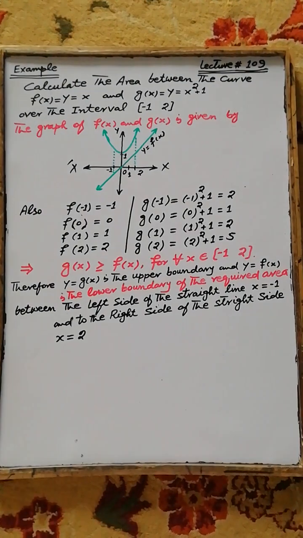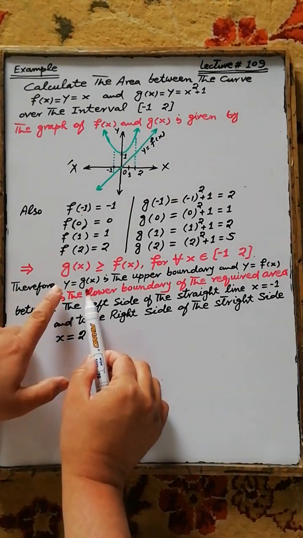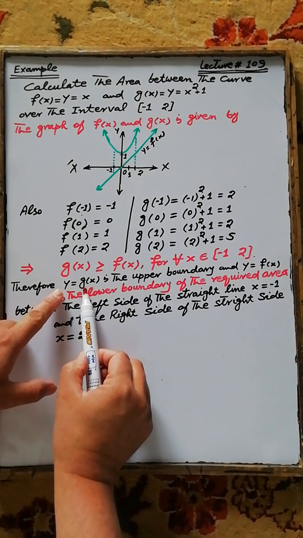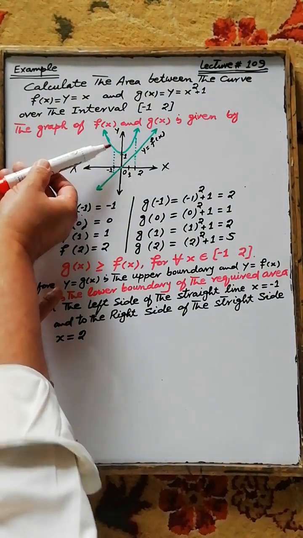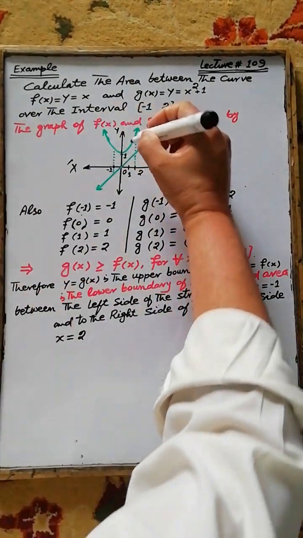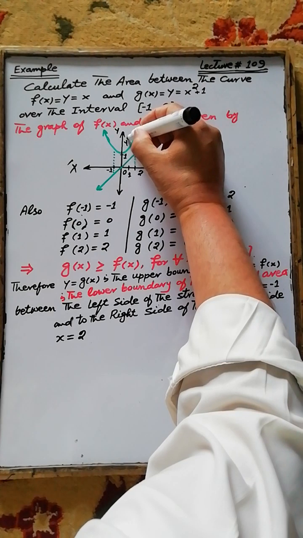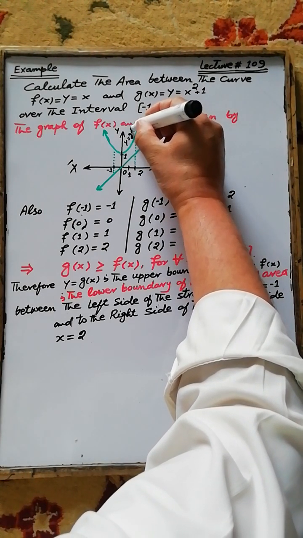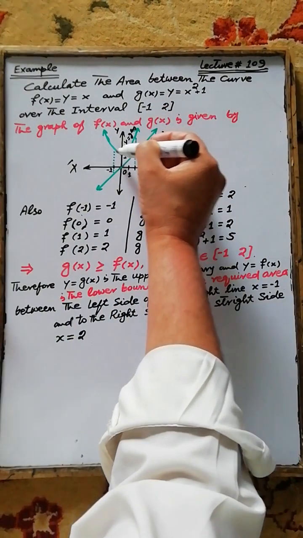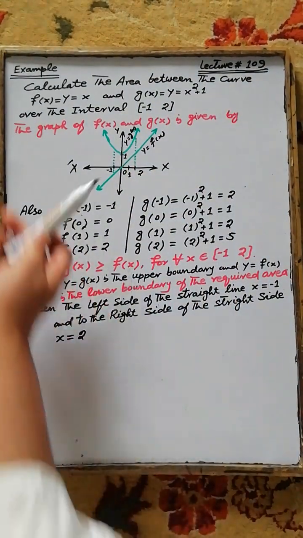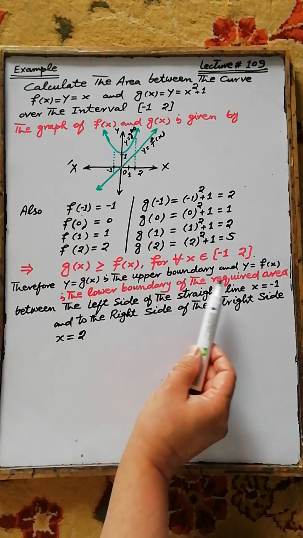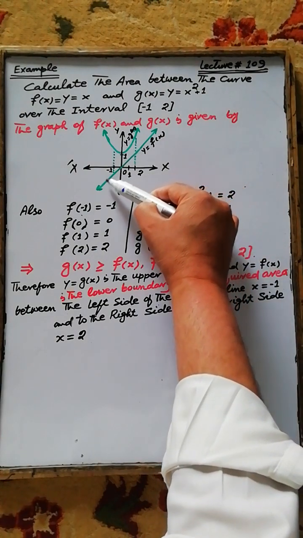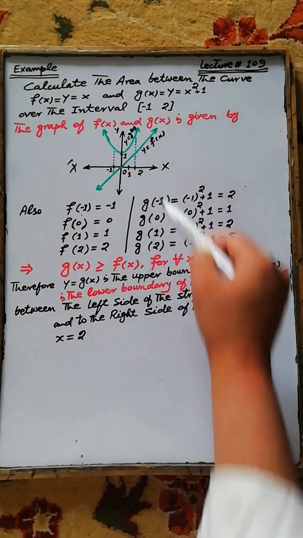Therefore, from this calculation, we can say that the graph of the function y = g(x) is the upper boundary of the required area, and y = f(x) is the lower boundary of the required area.